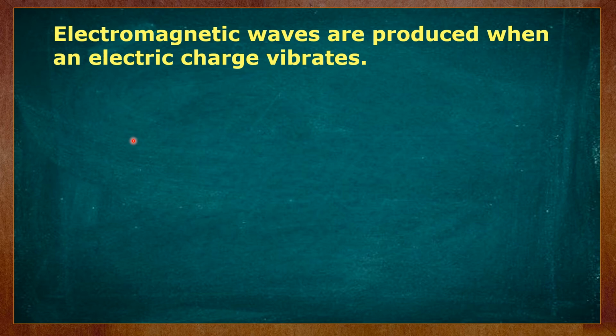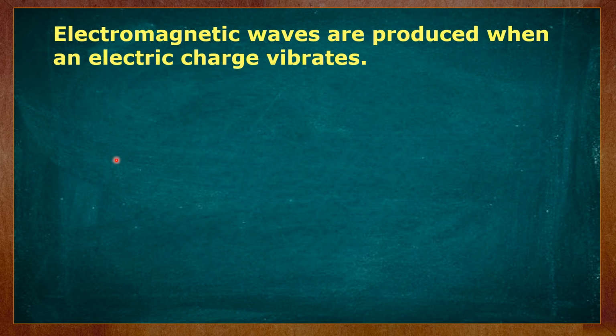Similarly, in a rope, the particles of rope are vibrating so that waves are passing in a rope. So in an electromagnetic wave, electric charge vibrates to and fro about its mean position.